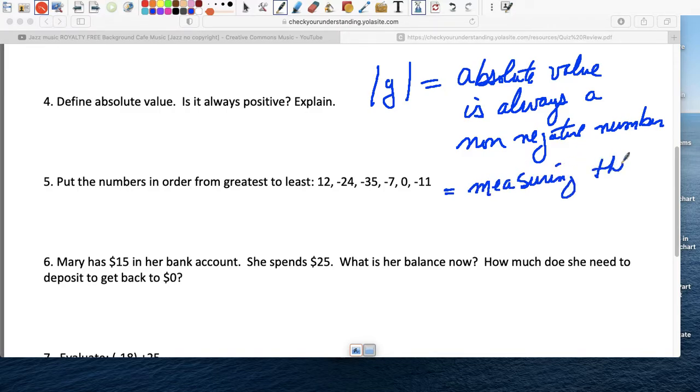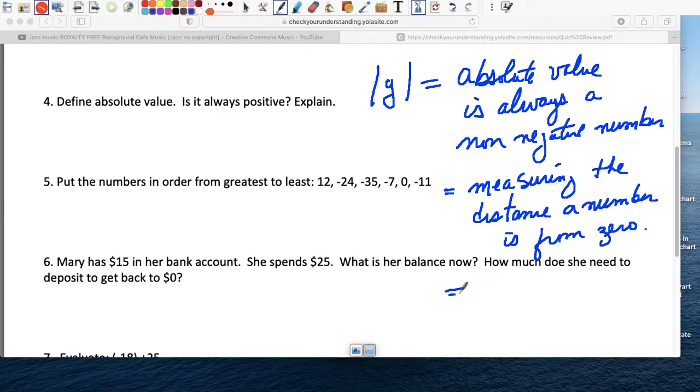a number is from 0, right? A number is from 0, and because distance can't be negative, right?